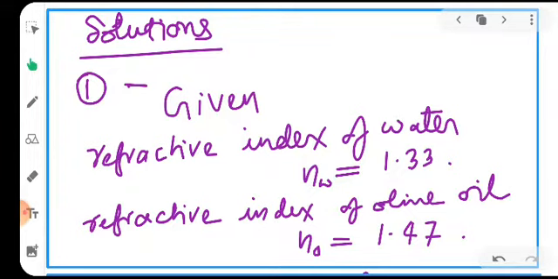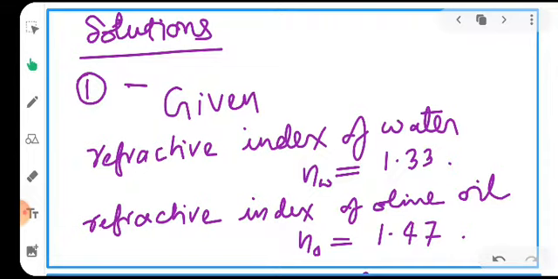So o stands for olive oil and n_o represents the refractive index of olive oil, which was 1.47. As you can see, out of these both, water seems to be rarer, olive oil seems to be optically denser, because as I have mentioned previously, the optical density is just the refractive index.